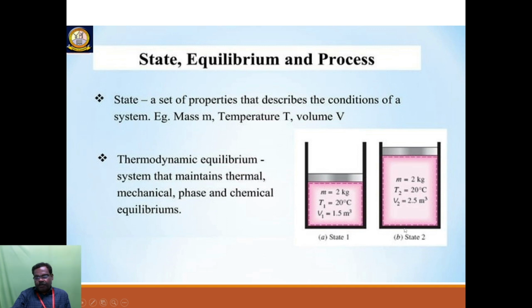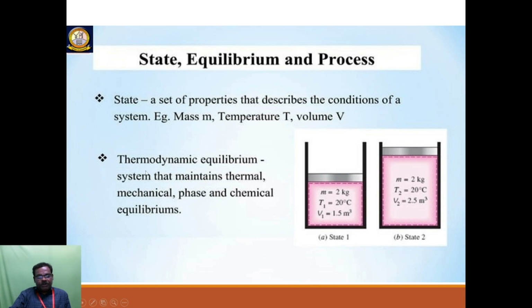Suppose it is state 2, the property will be changed. Suppose the volume will be increased. Volume is 2.5 meter cube with this mass and temperature. So state 1 describes these particular conditions. State 2 describes this particular property. Okay, so this is called as state.